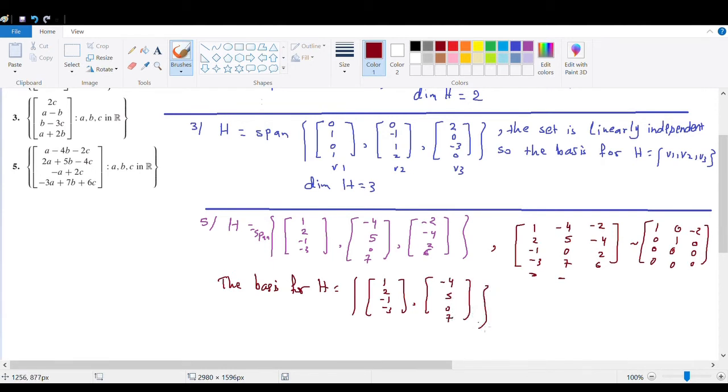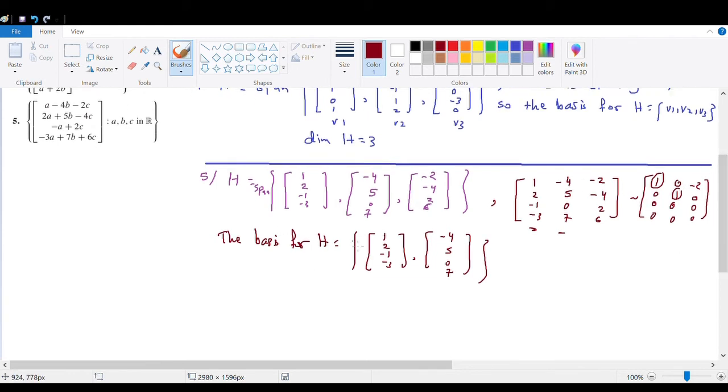Since we have a pivot just in the first column and the second column, the basis is the first and the second column. Since we have 2 vectors inside the basis, the dimension of H is equal to 2.